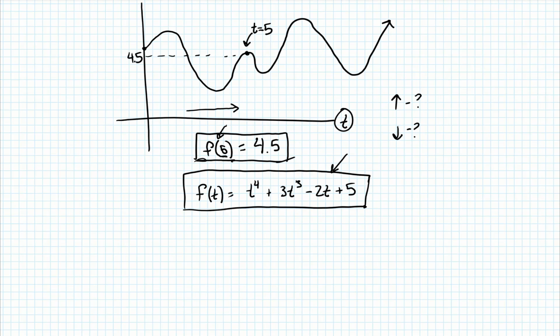Because for those of you who maybe are a little intuitive, you may have realized that as I approach 5 on this graph, especially in the neighborhood near 5, yes, the function's increasing, but it's just getting closer and closer and closer to 5. I mean, that's how functions work.